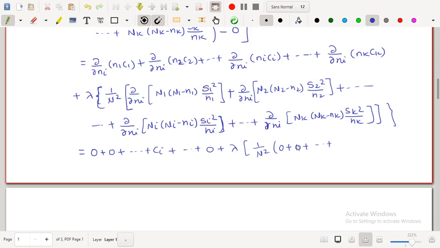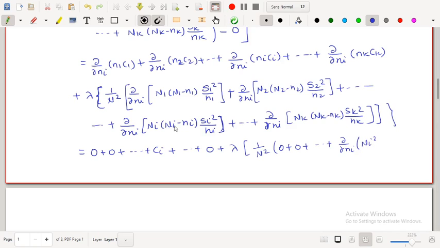all other terms are 0, and if we apply this derivative to this ith term, then this will be ∂/∂ni of ni square.